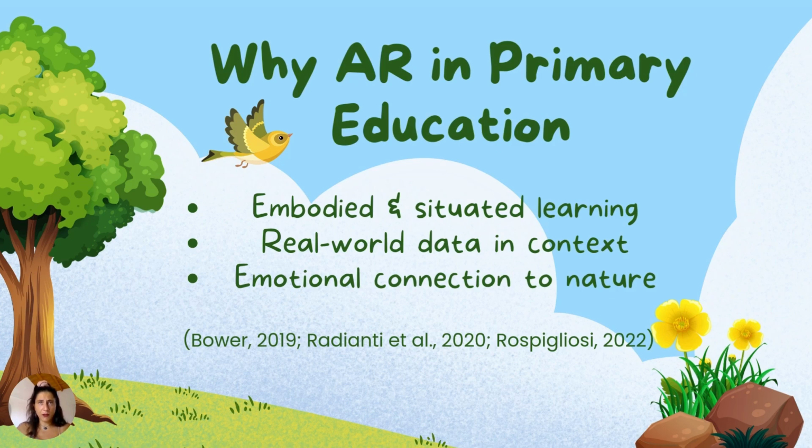They interact with digital objects as if they were part of the real world, making the learning more memorable and playful. It can also show real data like temperature or soil moisture directly in the school garden. So, the children connect science with what they see every day in their common place, in their schools.